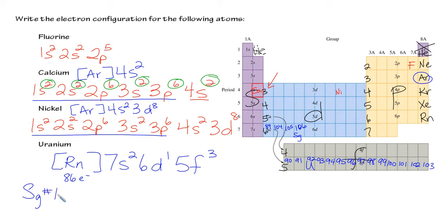Element number 106. You could start this the same way. Radon, 7s2. And now if you wanted to, you could go 6d1. Then you'd go back down to the f block for element 90, which would be 5f.